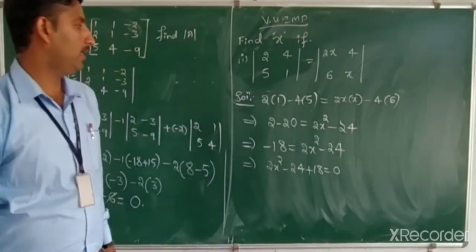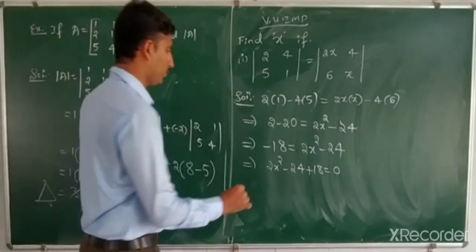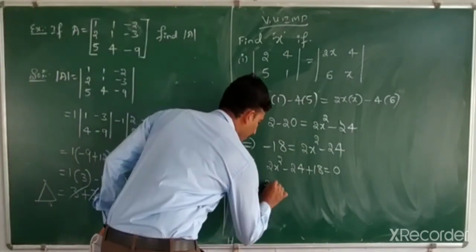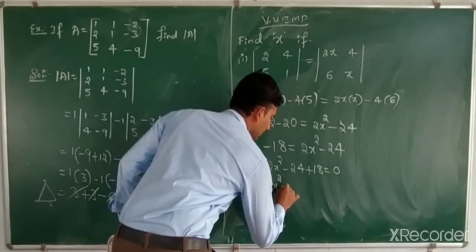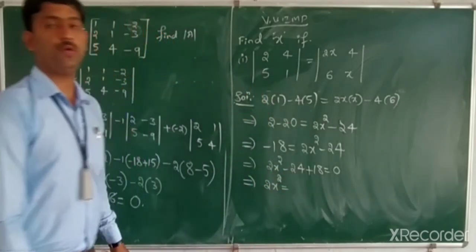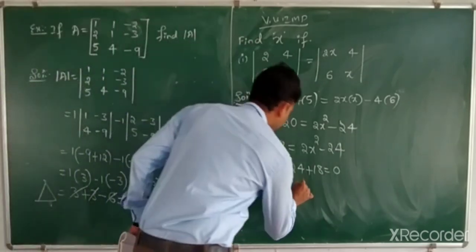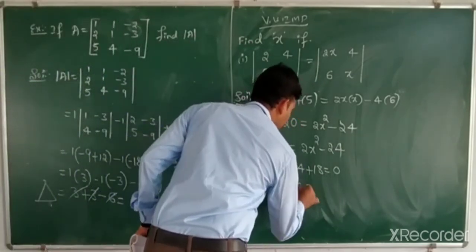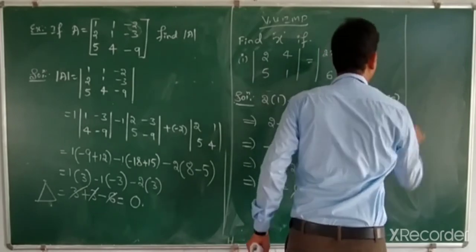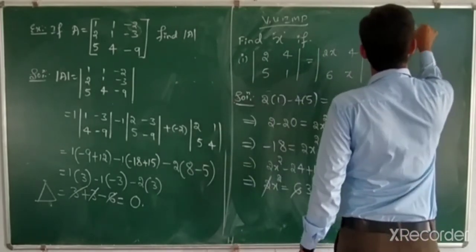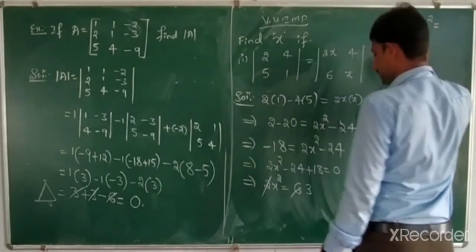Which implies 2x square is equal to minus 24 plus 18, that is minus 6. Go to the right hand side and it becomes plus 6. 2 ones are 2, 2 threes are 6, which implies x square is equal to 3.